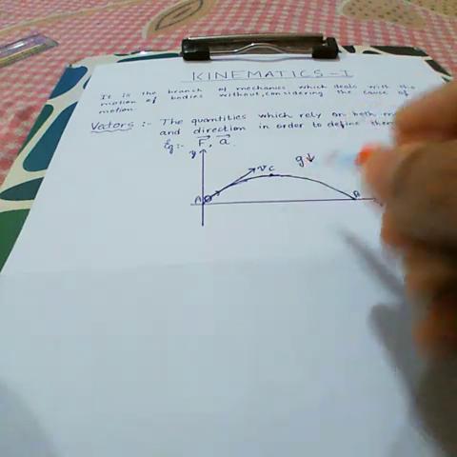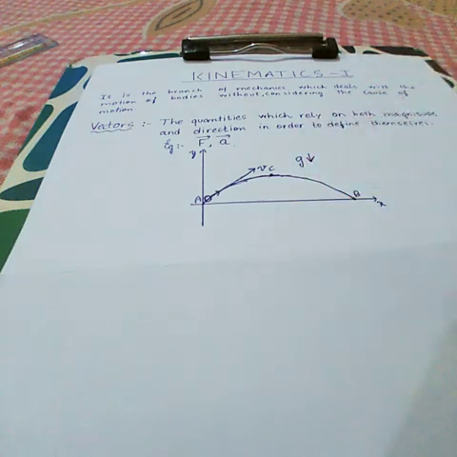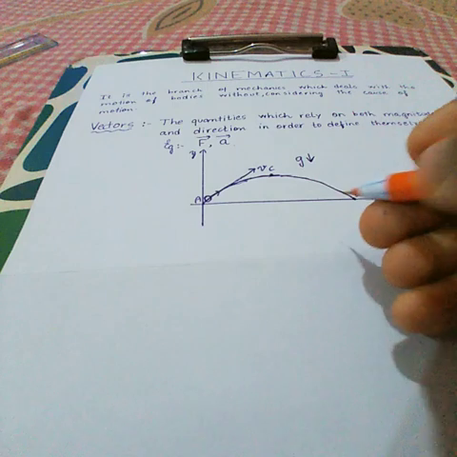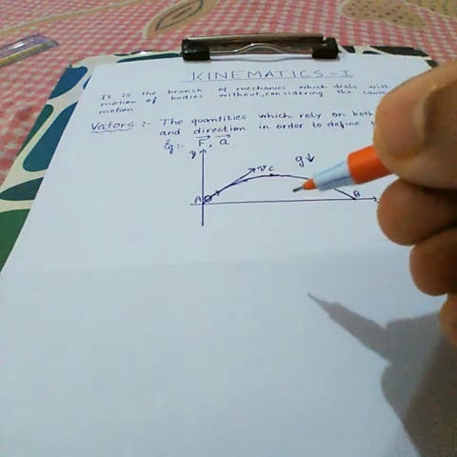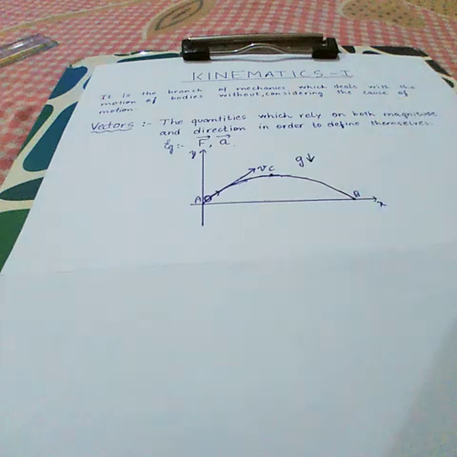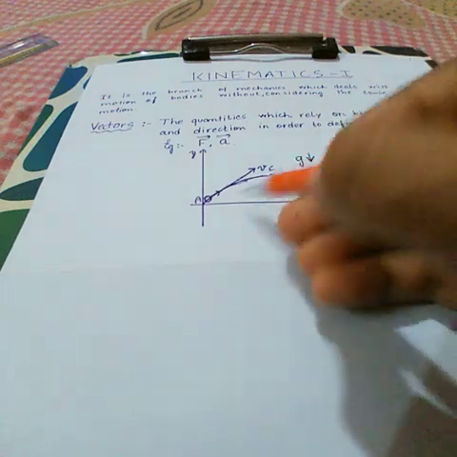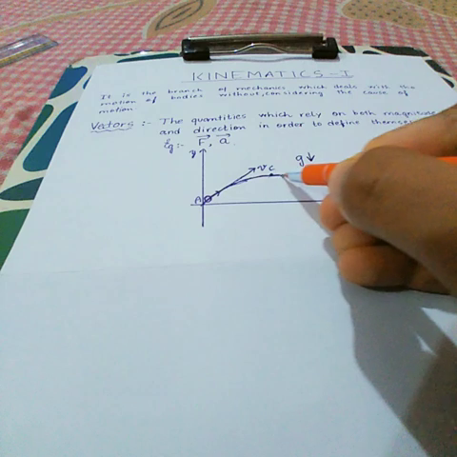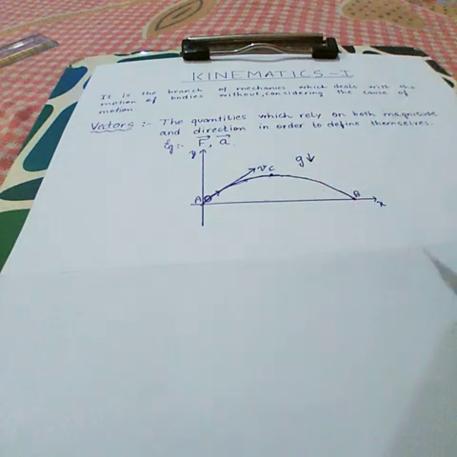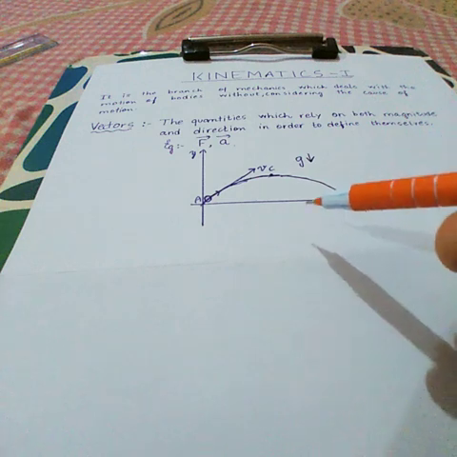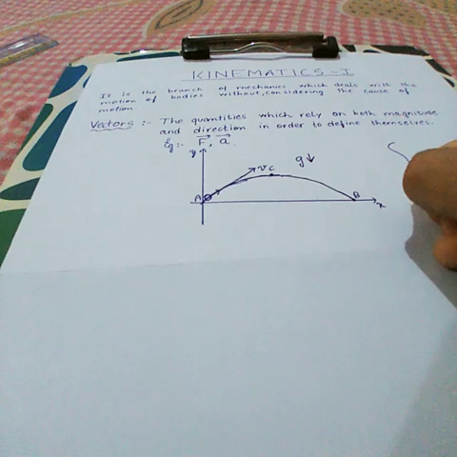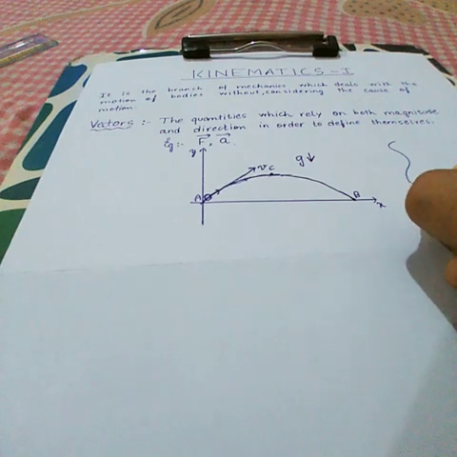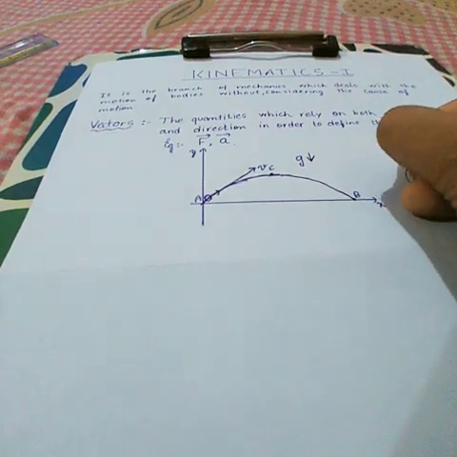But what do you mean by displacement? The first thing which you need to know about displacement is that it is a vector. Distance depends upon the path, but displacement does not depend upon the path. Displacement can be on any path, such as if I draw a curved path and mark two points as A1 and A2.